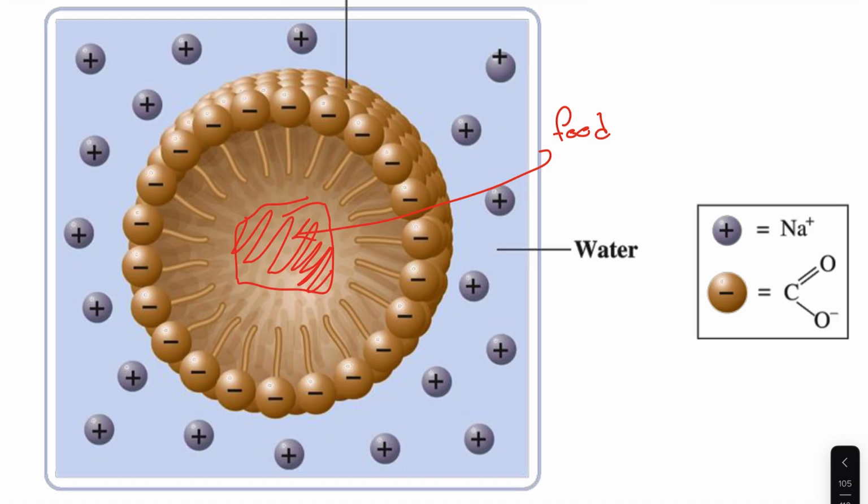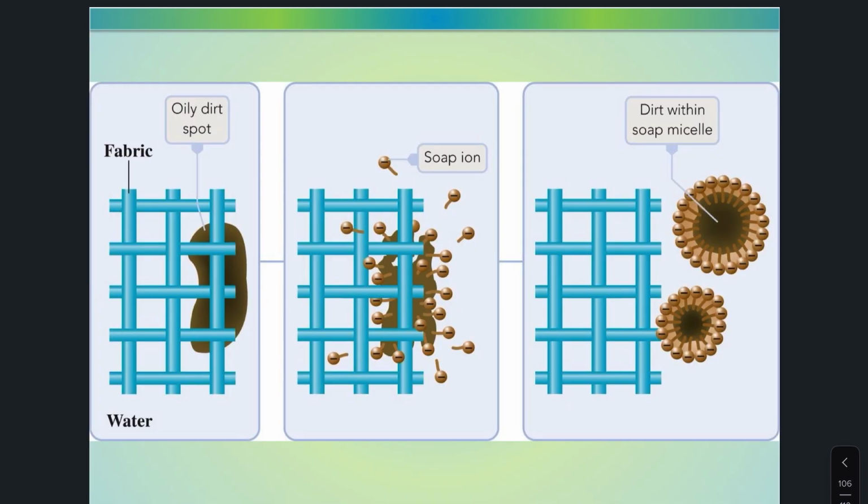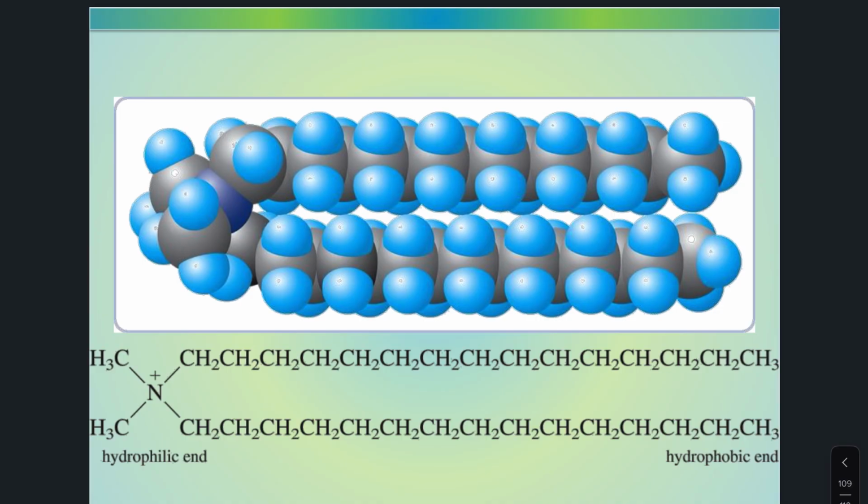On the outside, you get all of the hydrophilic parts, and you have water molecules as the medium on the outside as well. These are the sodium parts that are going to counterbalance the negative charge of the soap molecule.